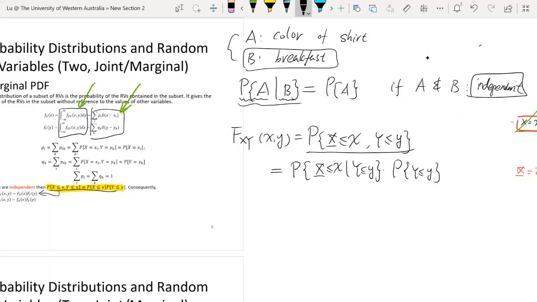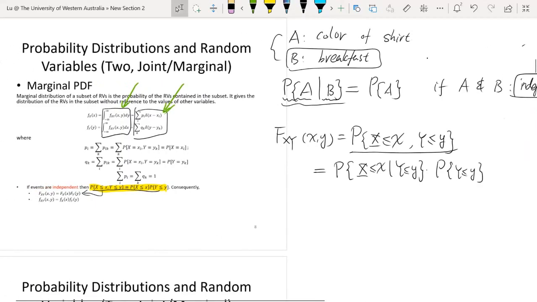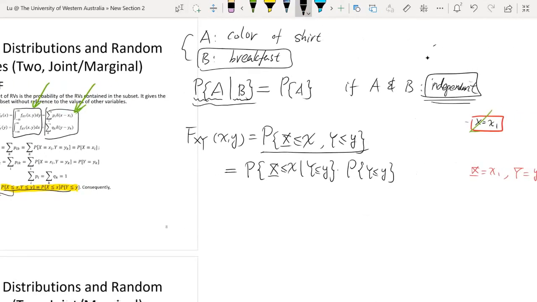But now we have a new condition that X and Y are independent of each other. Because X and Y are independent, such a conditional probability is just equal to the probability of the event A. Similarly, this is equal to this if X and Y are independent. Then we copy the remaining thing, Y smaller than y.